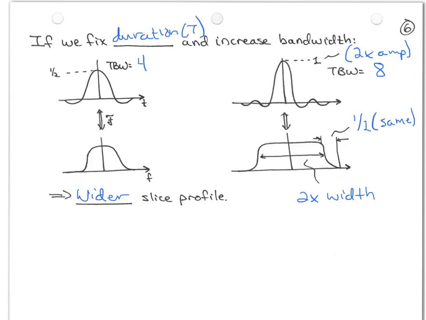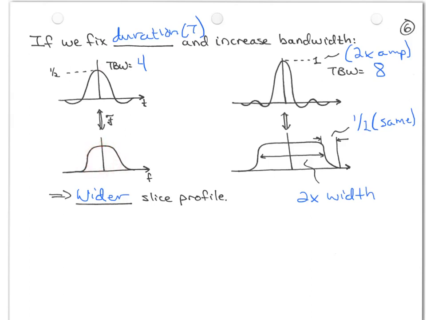It might be unintuitive as to why the excitation pulse has to be bigger here. But if you think about the fact that the DC component of the Fourier transform of a signal is just the integral over all of that signal, then the integral over this slice profile is actually equal to 1/2.